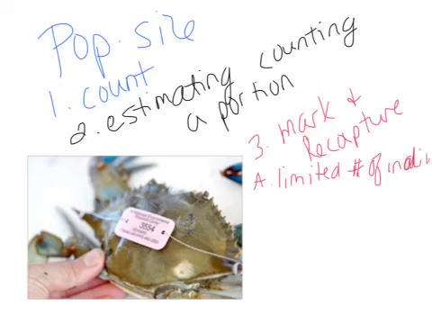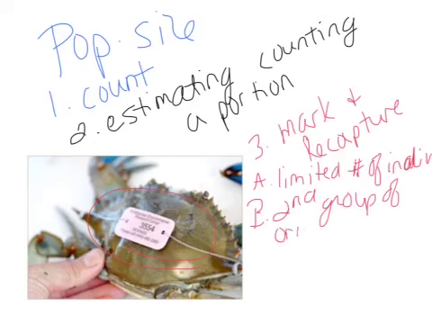Let's say you captured 20 of them. They're captured at random and tagged. You can see the tag on this crab here. Then at a later time you capture a second group of organisms.